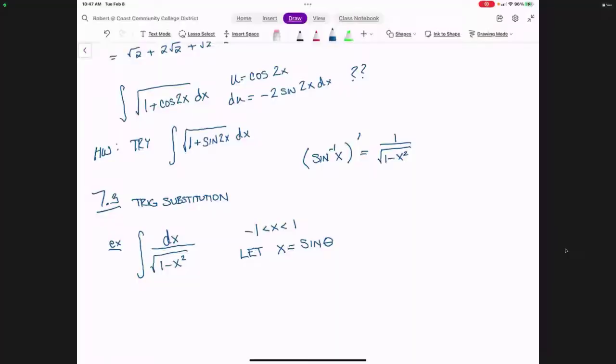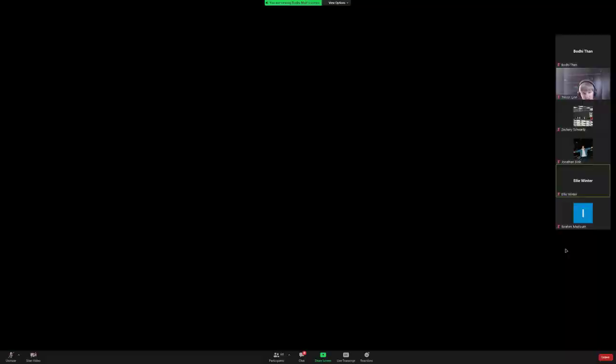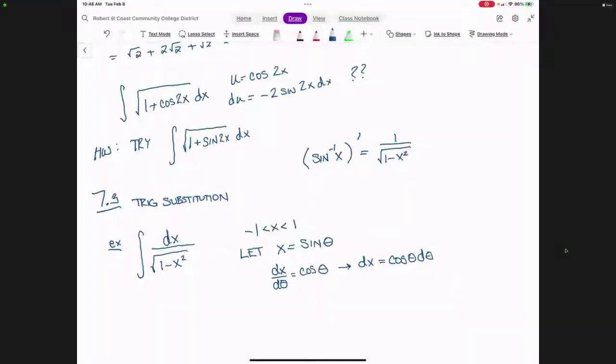And so if we were to do this substitution, then dx d theta would be cosine of theta, leading us to dx is going to equal the cosine of theta times d theta. All right.